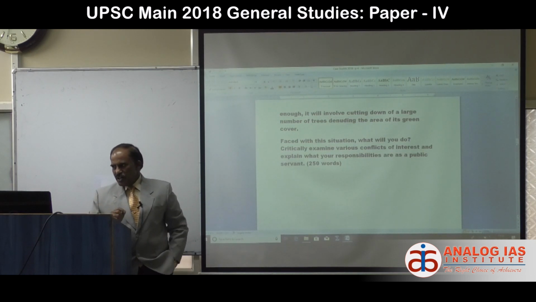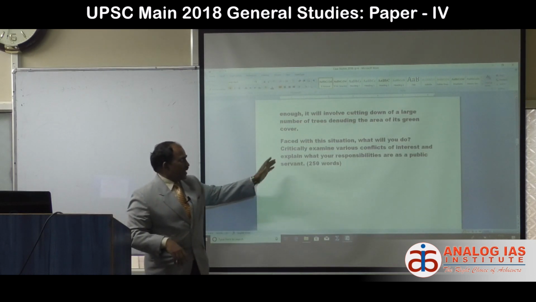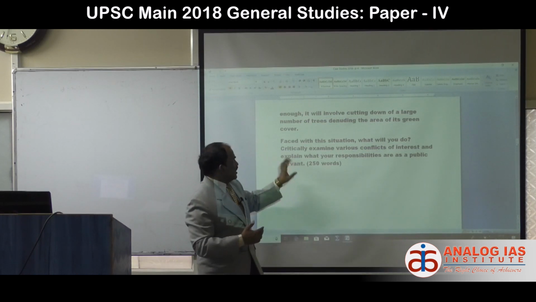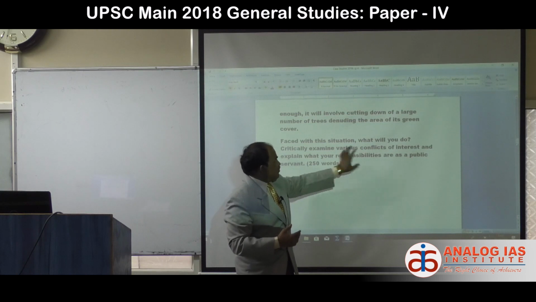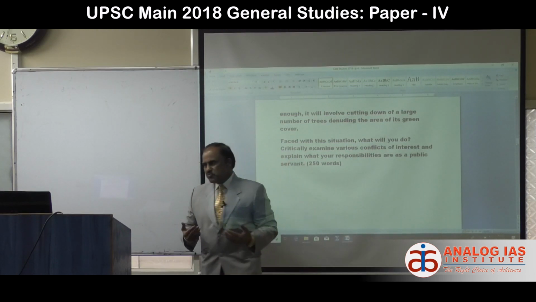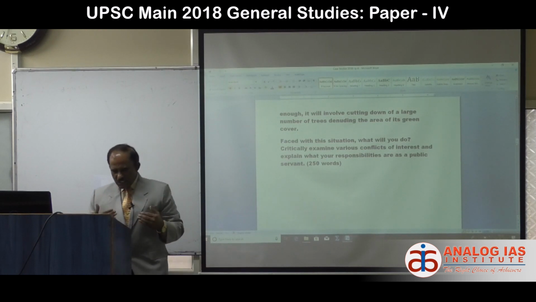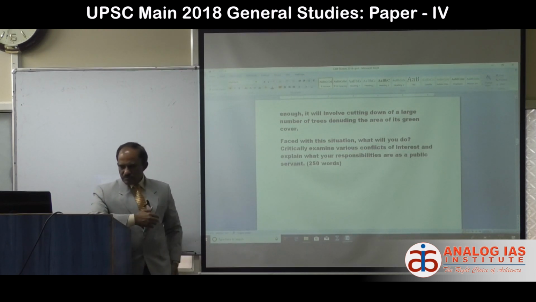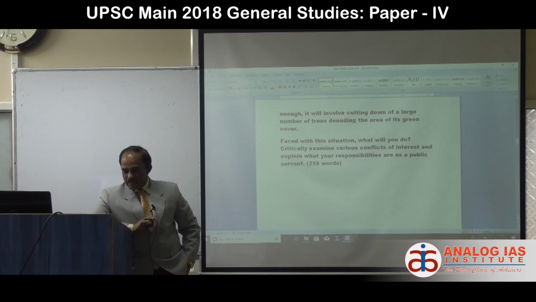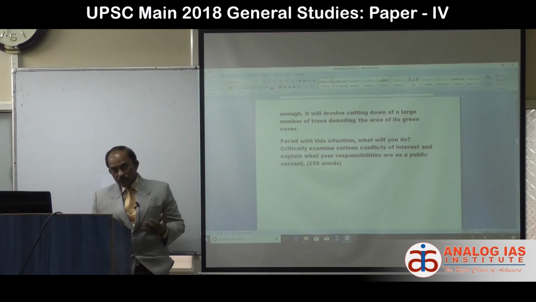Now, this is a type 5 because you are not going to identify the choices, but you are going to identify the various types of conflicts and responsibilities. So, this is the type 5 case, and it is to be written like this. The case study relates to ethical concerns, especially conflict of interest. What is a conflict of interest?